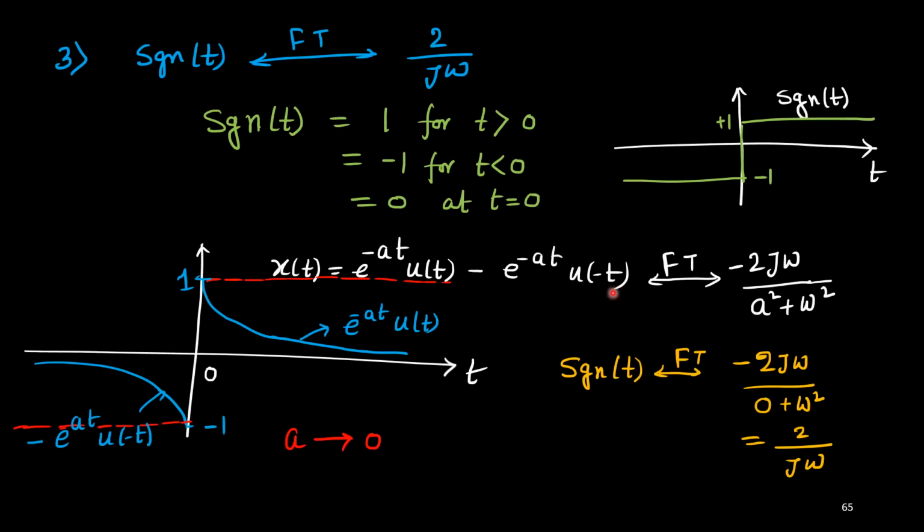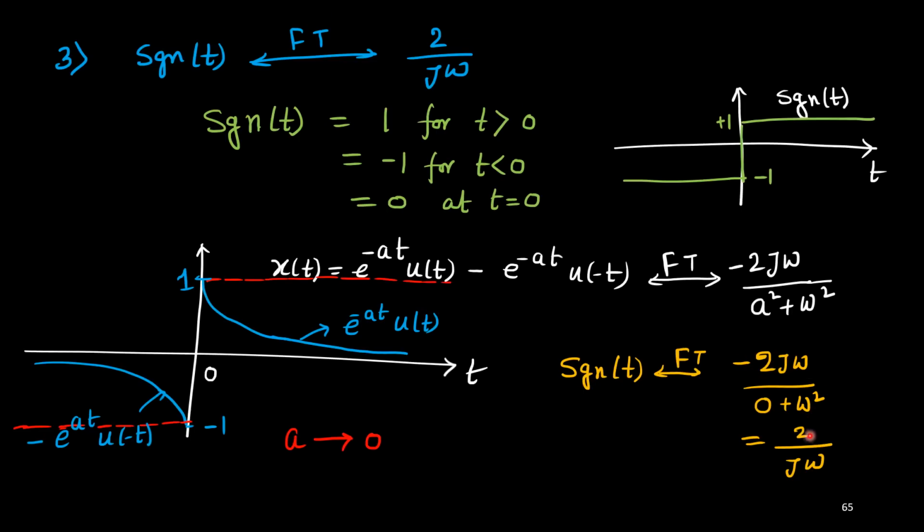So this function we can obtain from the above one, considering a tends to 0. If I put a tends to 0 in the Fourier transform, it will become this one, because I need to replace a equals 0 here. So a is 0, it is minus j omega upon omega square.